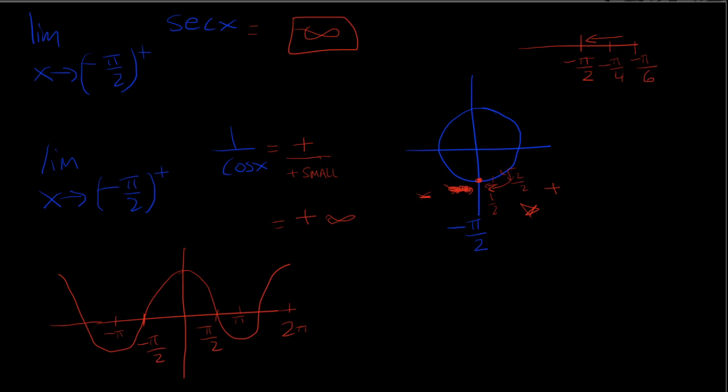Negative pi, negative 3 pi over 2, etc. Okay, that's more than what we need to know. And when cosine is 0, that's where the asymptotes are going to be for secant. And we draw the opposite side, so it's going to be like this.